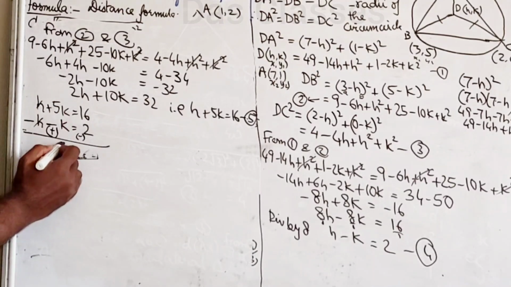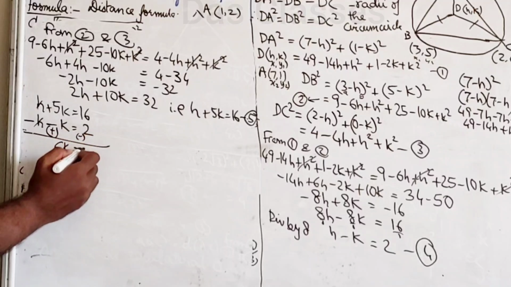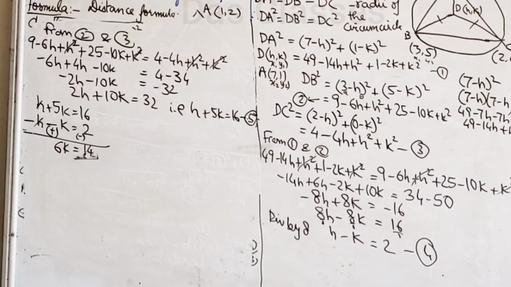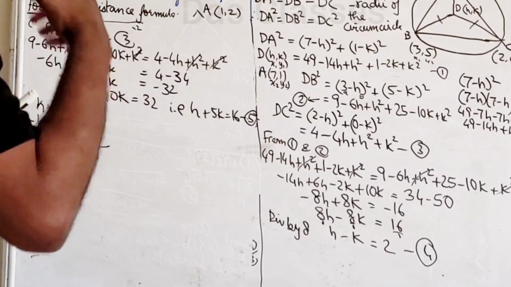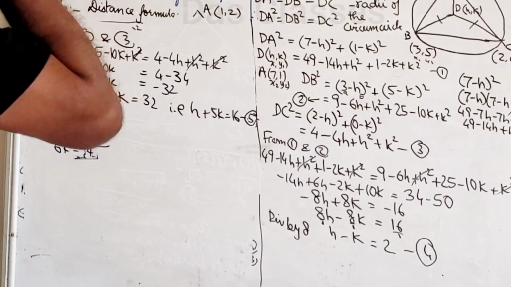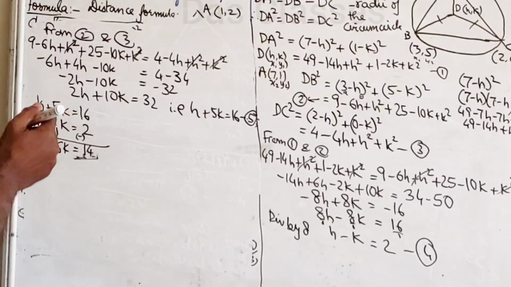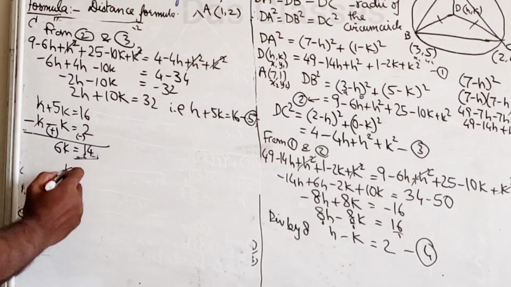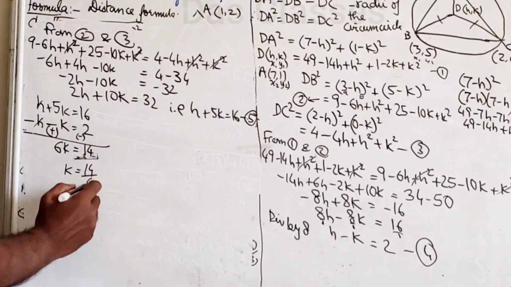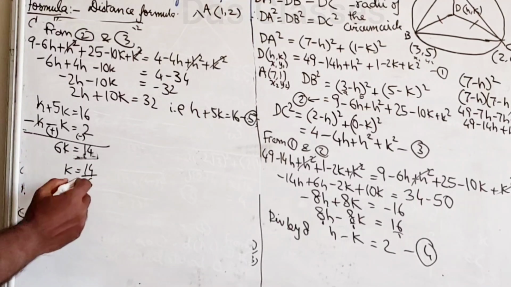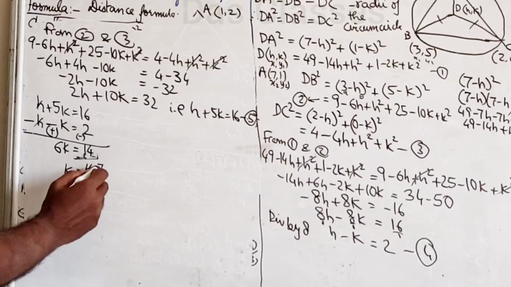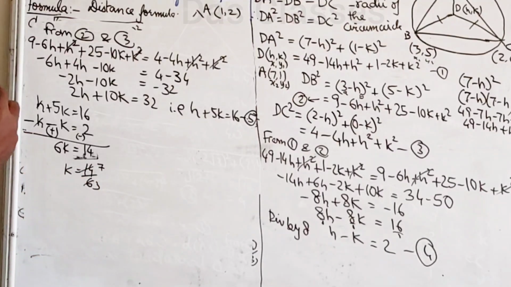So it's going to be 6k is equal to 16 minus 2, which is going to be 14. So k is going to be 14 upon 6, that is, it's going to be 7 upon 3.